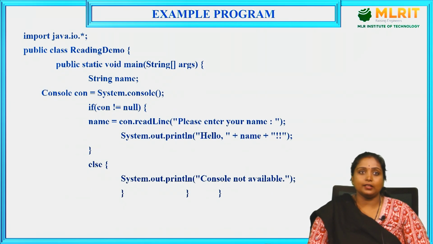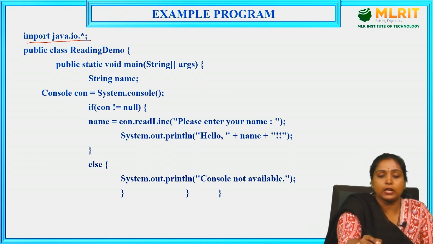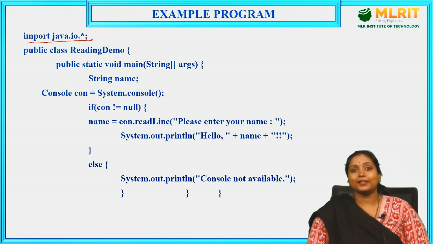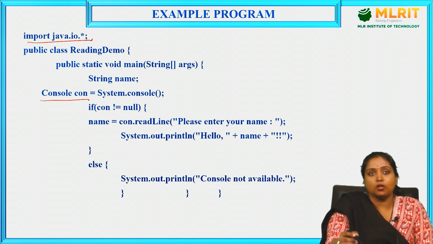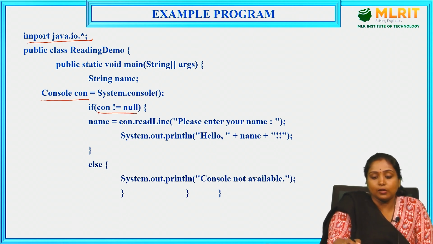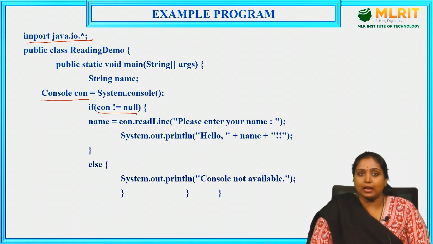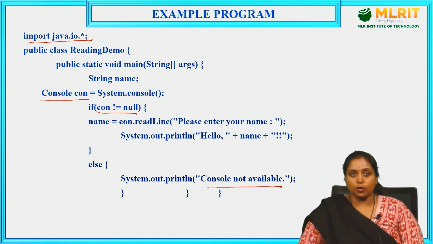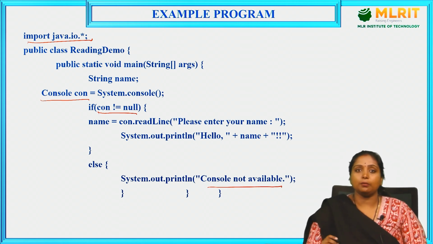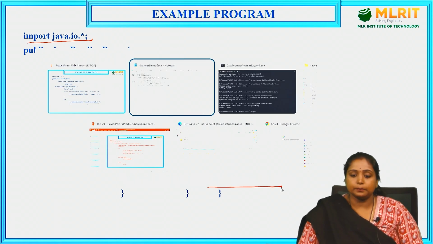So here is an example program. You have to import the java.io package for sure in order to use the Console class. Directly you can create a Console object, and if the console is not equal to null, then this will happen, or else the console will not be available. These were the main points.